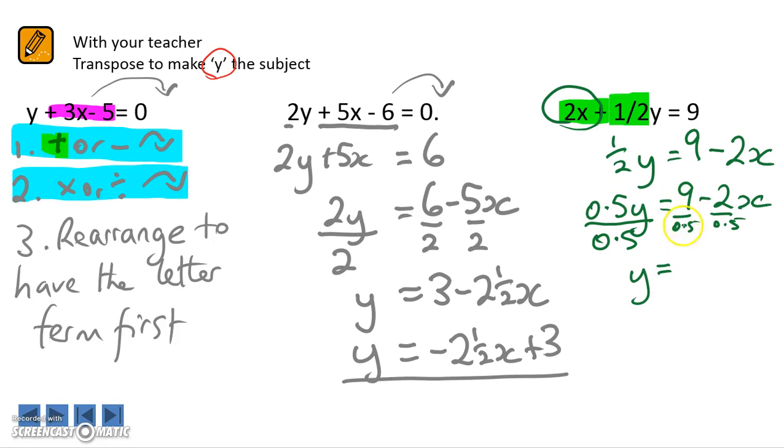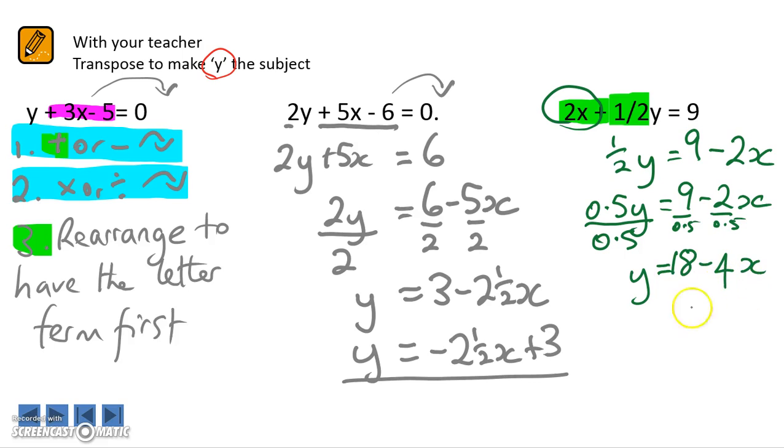So 9 divided by a half equals 18, minus 2 divided by a half, which is 4, and then carry the x down. So we're now at the point where we're up to rearranging. We're up to this point here.